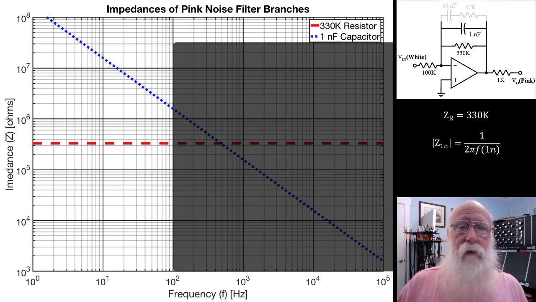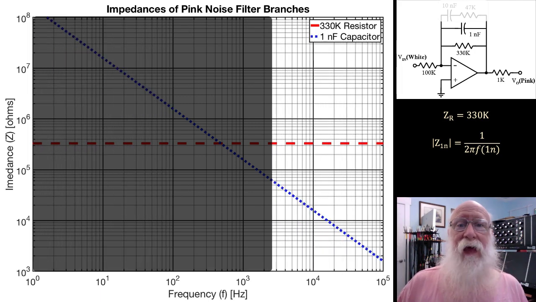At high frequencies, say above 2,000 or 3,000 Hz, the reverse situation is true. The 330K resistor has an impedance considerably greater than that of the capacitor, and so it does not bring the overall impedance down much at all in that parallel combination. The overall impedance is approximately the impedance of the capacitor. The impedance is constantly dropping, and so your response is constantly dropping.